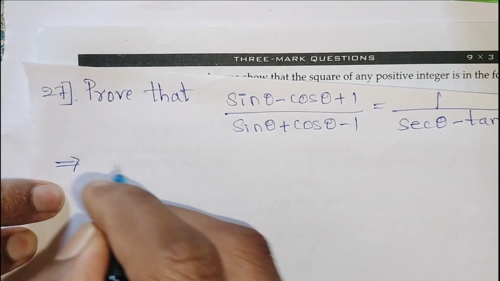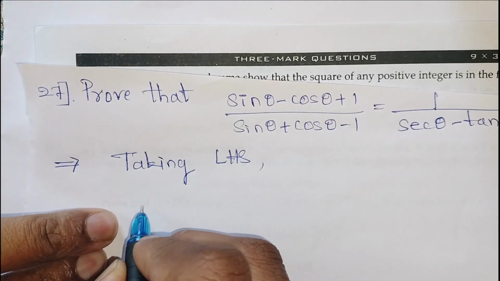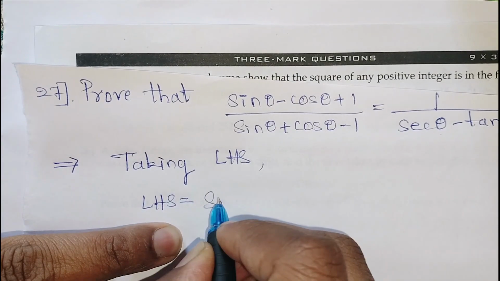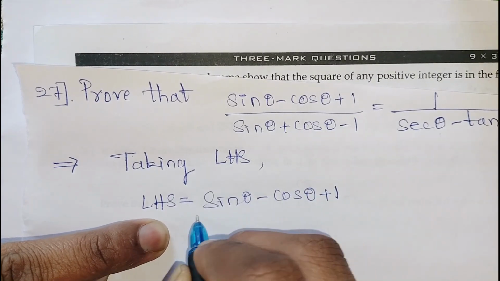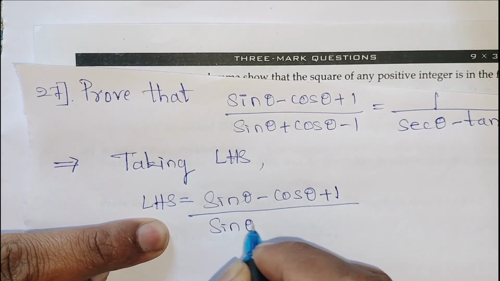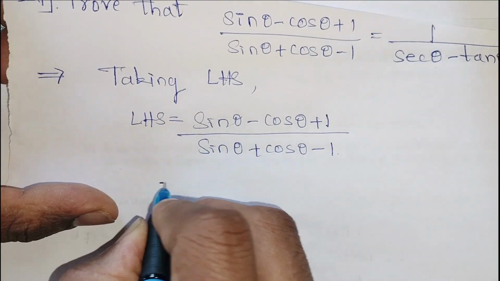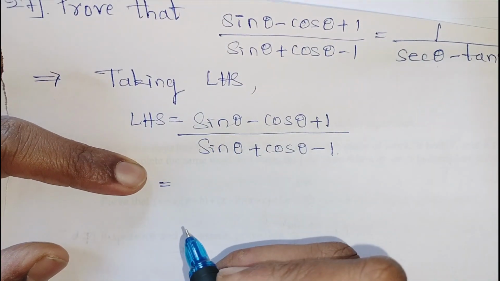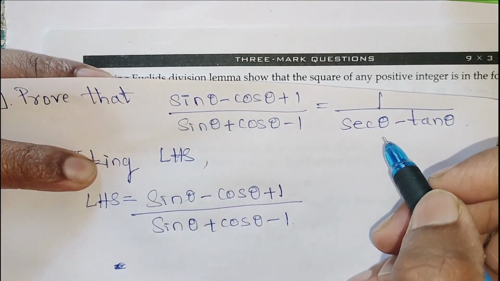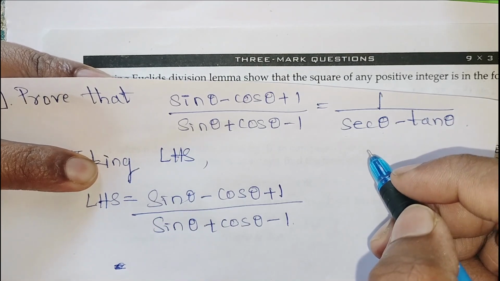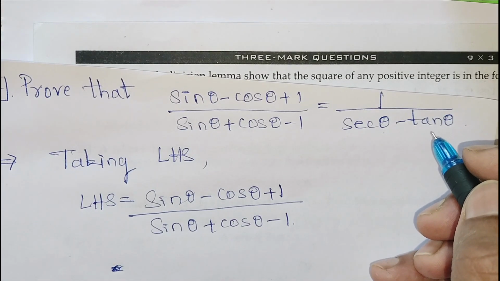Let us prove this. We take the LHS, which equals sin theta minus cos theta plus 1 divided by sin theta plus cos theta minus 1. We have to arrive at sec theta, and in the RHS we have sec theta, which is the reciprocal of cos theta, and tan theta, which is the ratio of sin and cos.